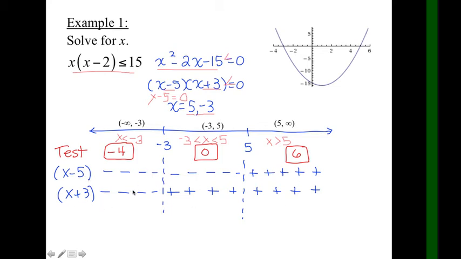Okay? So, negative times negative is positive. Negative times positive is negative. Positive times positive, positive. Therefore, the solution set for this given is this negative. Bakit negative siya?